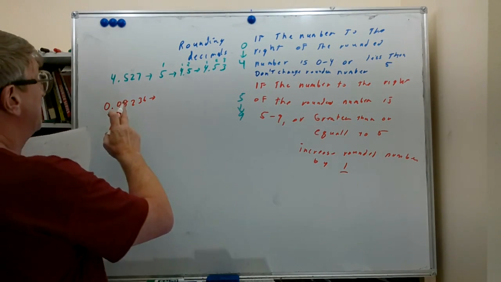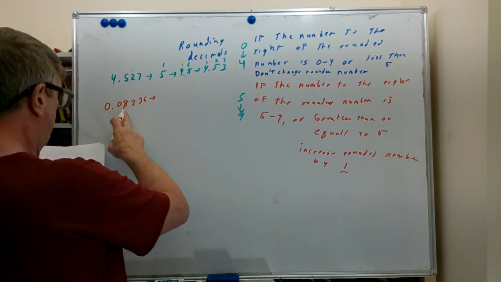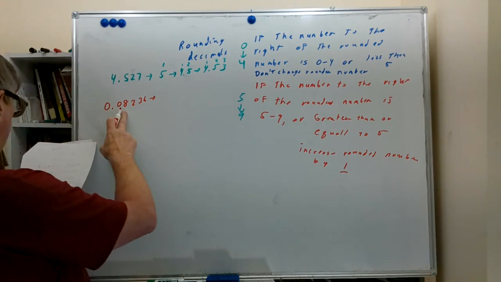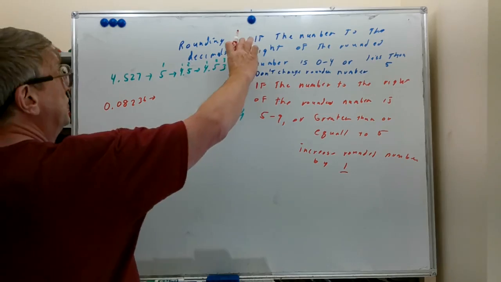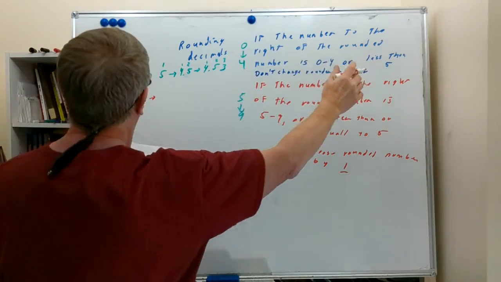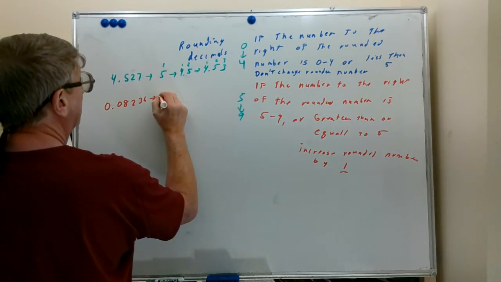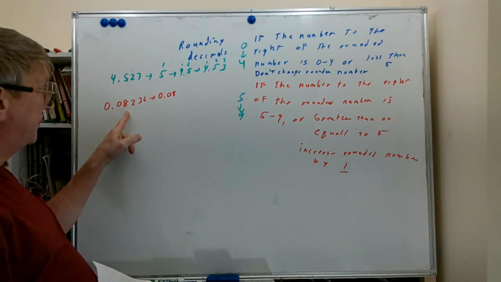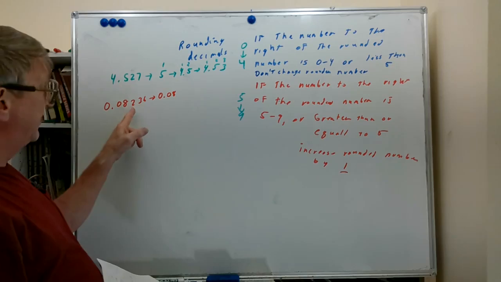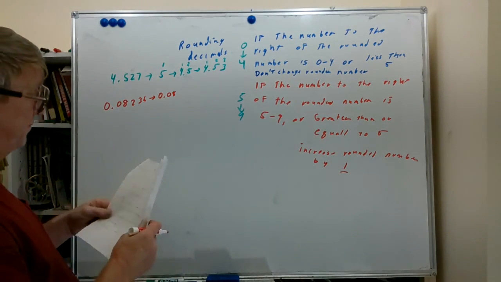So we're going to be rounding to this number. So we need to look over to the right of it. We see it's a 2, which falls in the 0 to 4. We do nothing. So it's basically 0.08. We kept this first significant digit. We did not change it because the right of it was a 2.